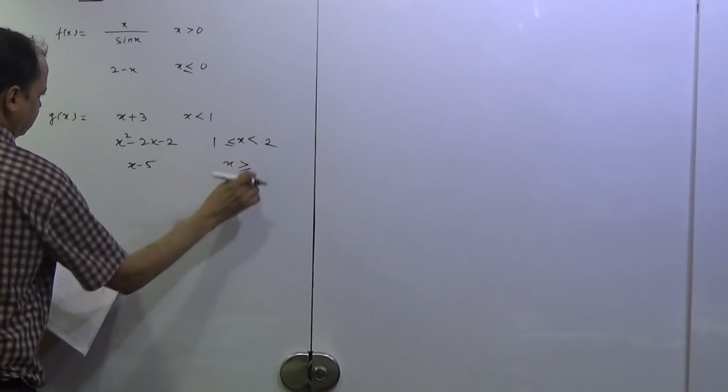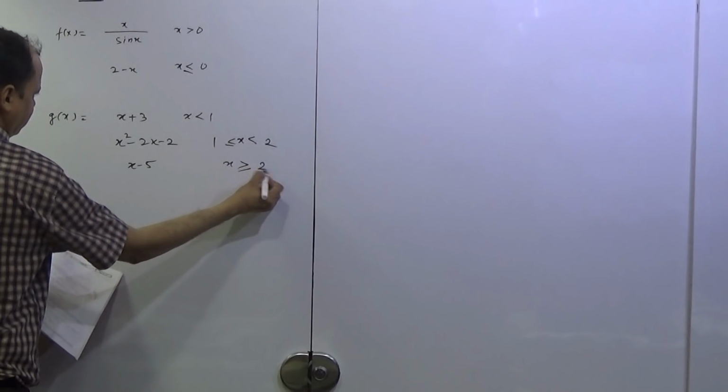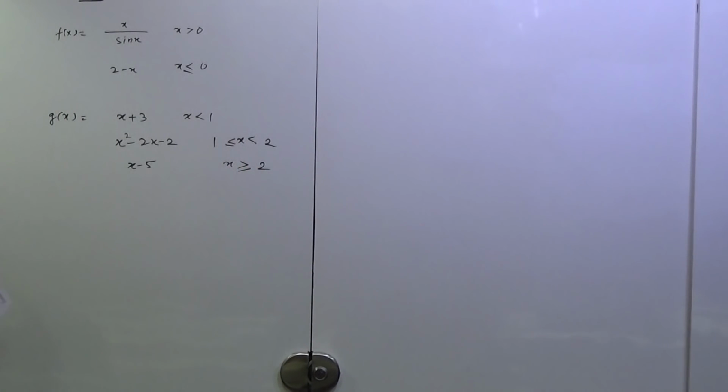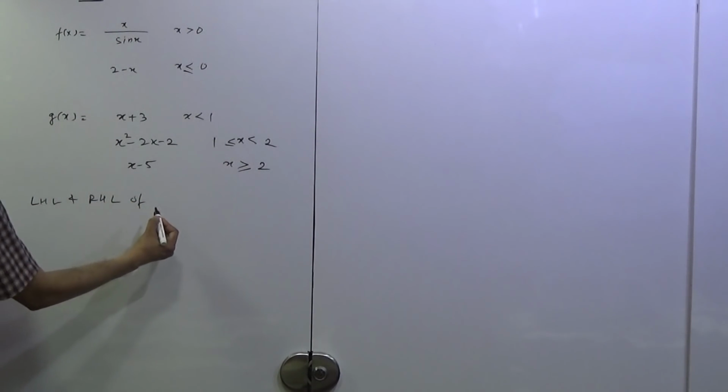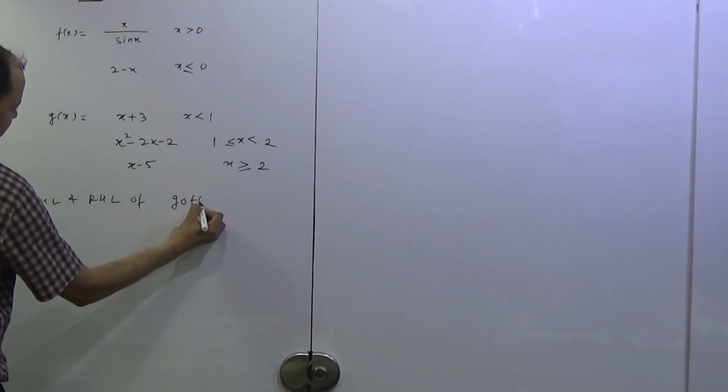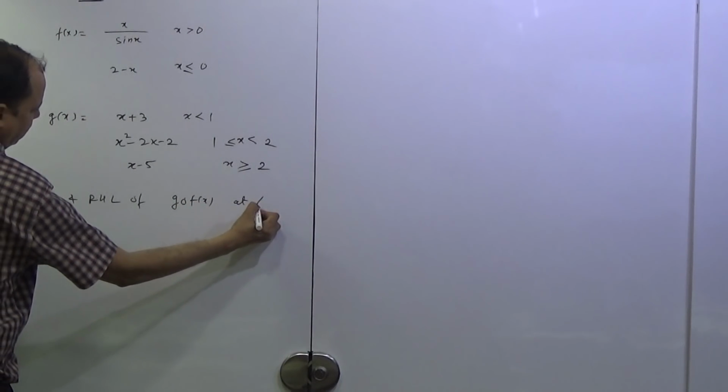Equality is not here, equality is given over here, and he is asking the left hand limit and right hand limit, LHL and RHL, of g of f of x at x equal to 0.